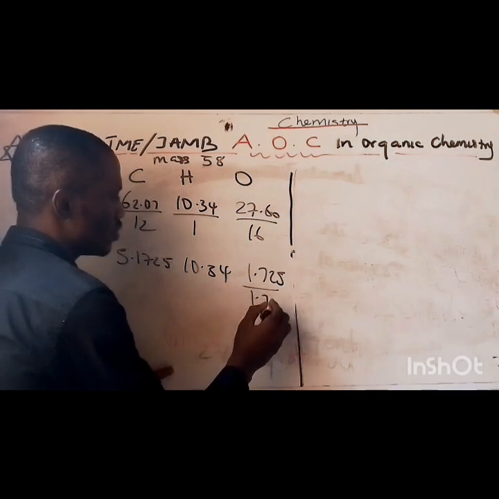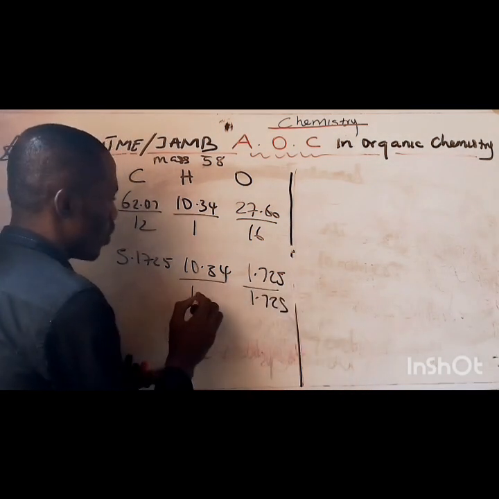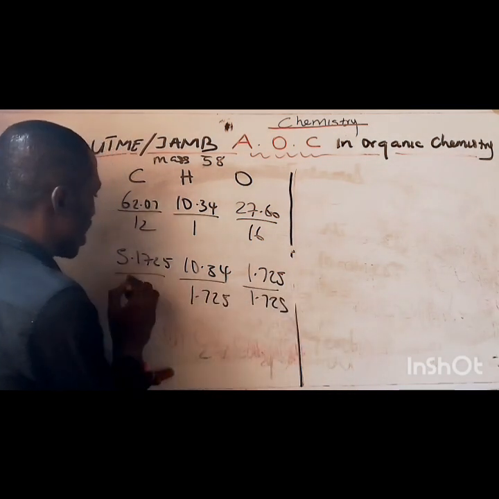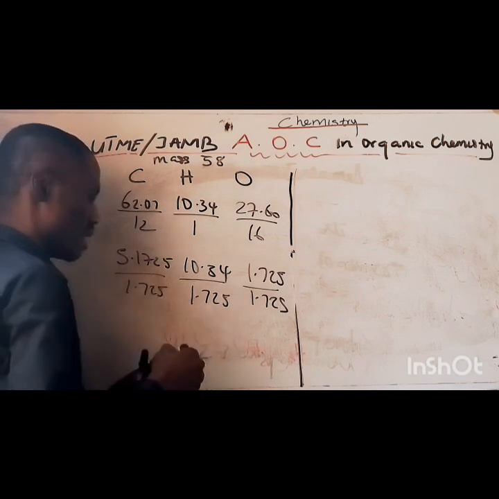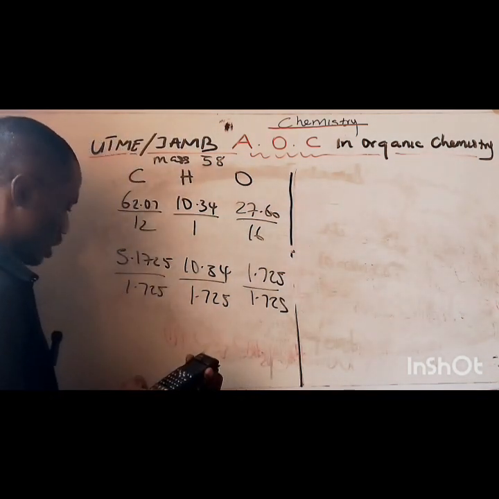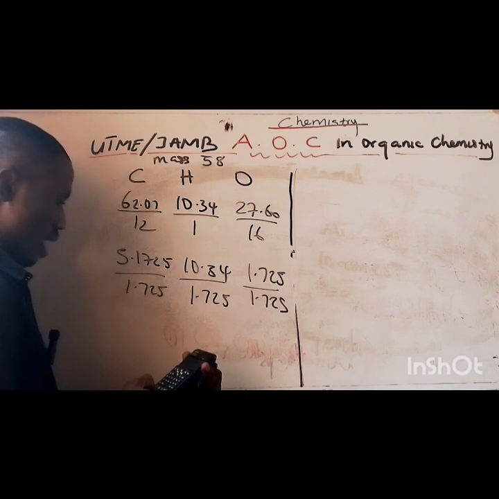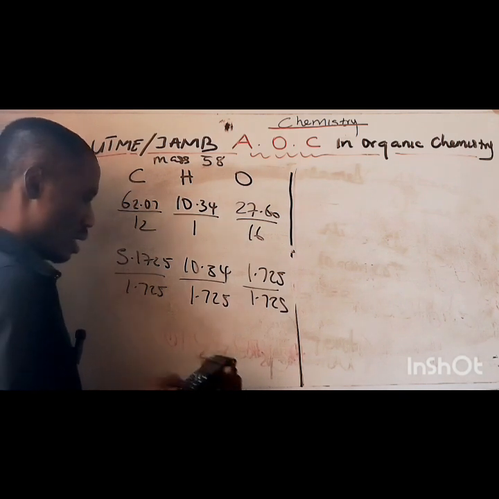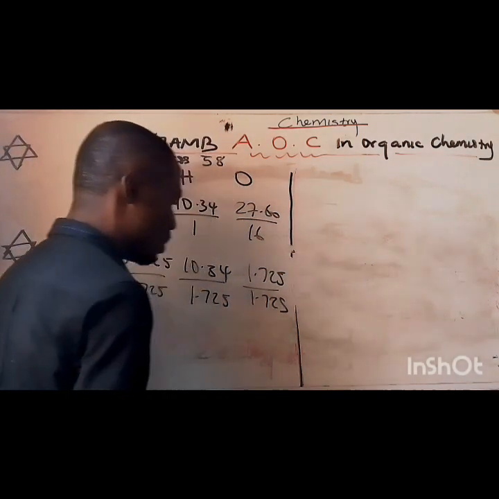Divide by 1.725. Let's see what we're going to have. 5.1725 divided by 1.725. What's that going to give me? That's going to give me 2.9, approximately 3.